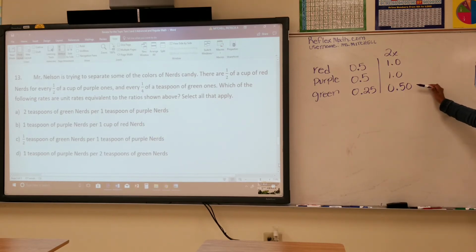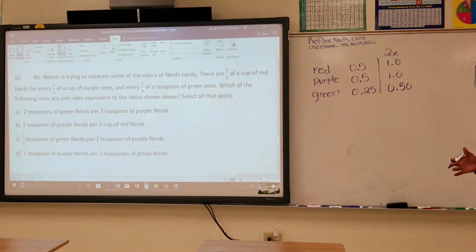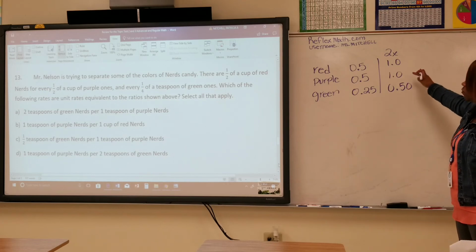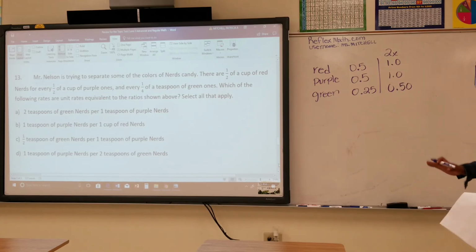So that can't be right, because it's saying I will have more than green. So B, what about B? 1 teaspoon of purple for 1 cup of red. No, 1 teaspoon of purple is right here, but it's the same ratio of red. So we know that's not it, because we're talking about teaspoons and cups.